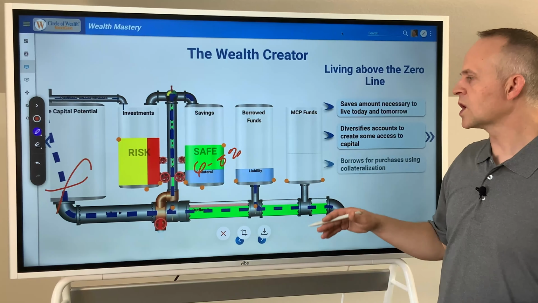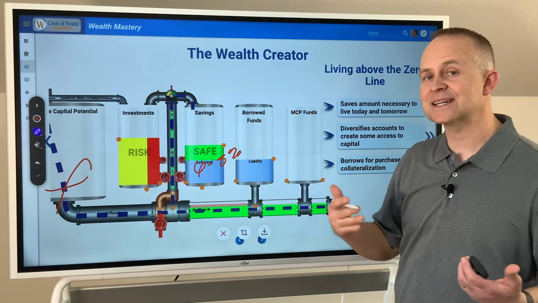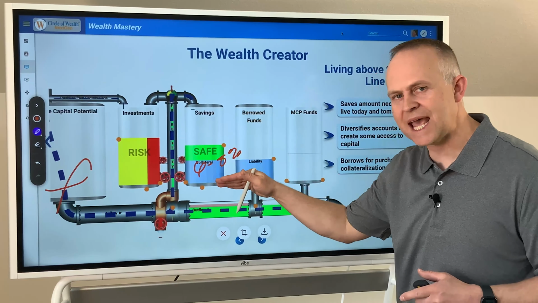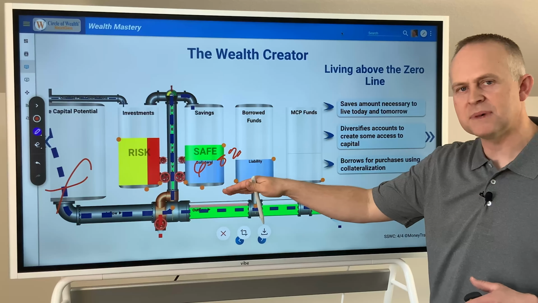And then we're going to use this money as collateral. Notice that we did not spend it. Notice that this green tank did not go down. We did not spend that money, right?